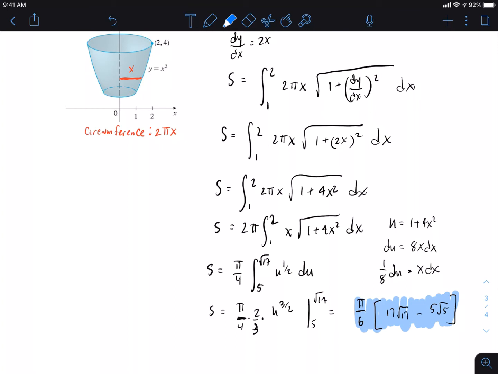And the limits of 5 and root 17 came from the u, right? Yes, correct. So what I did for the limits is I plugged in 1, so I got 4, so 1 plus 4 is my 5. And then I plugged in 2. 2 squared is 4, times 4 is 16, plus 1 gives me the 17.